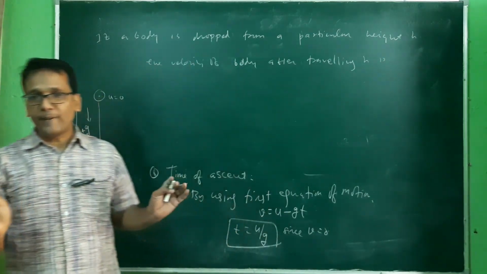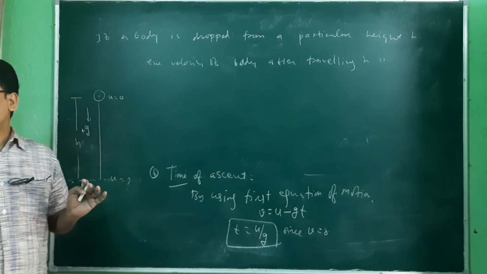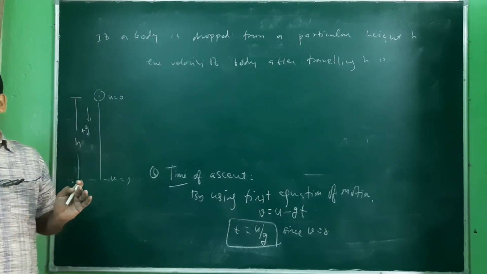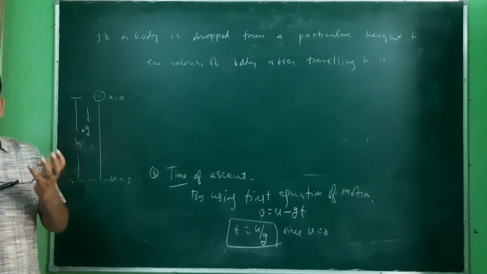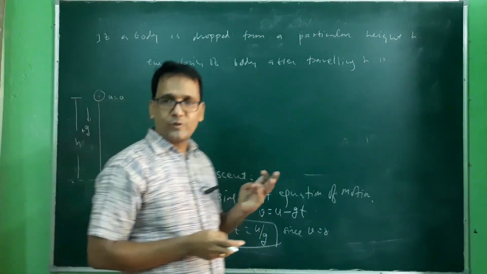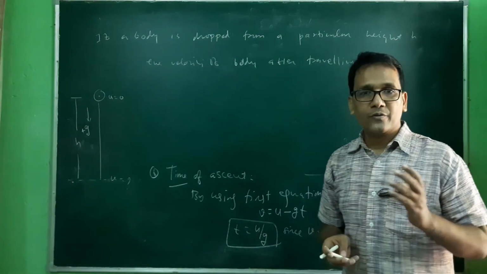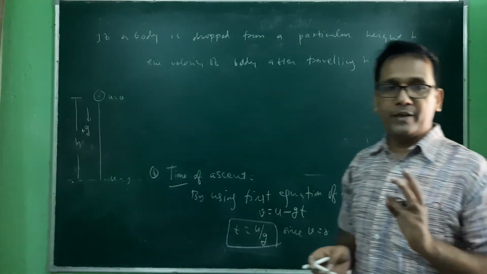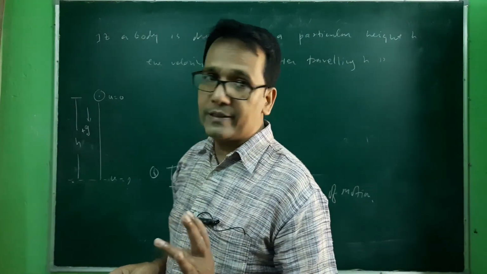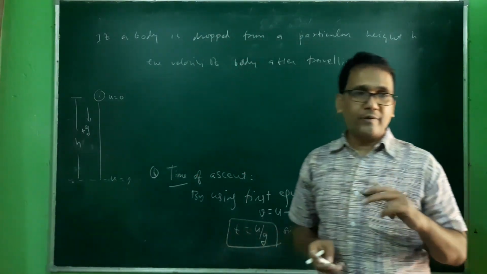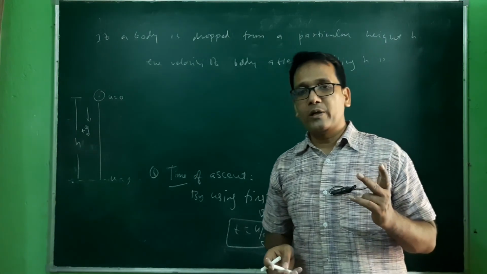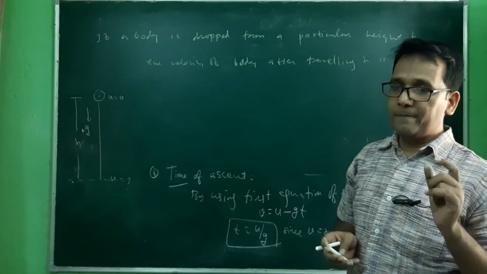Again there is no time parameter, so we will use the third equation. In the first equation, initial velocity, final velocity, acceleration due to gravity and t are given. In the second, displacement, time and acceleration due to gravity with initial velocity are given. And in the last equation, initial velocity, final velocity, acceleration due to gravity and displacement height are given.